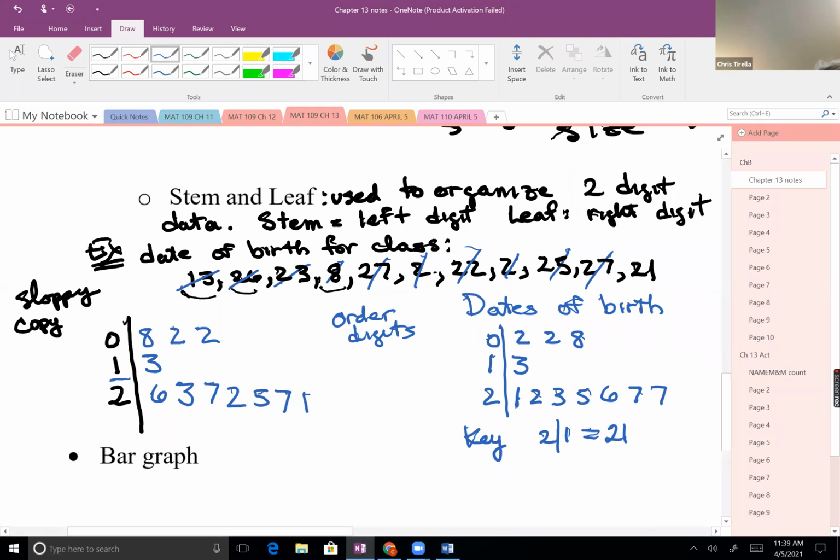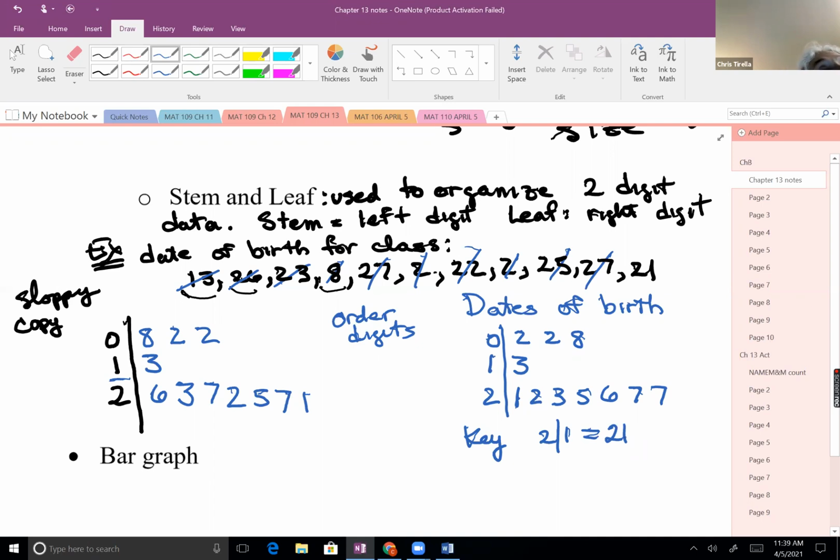And isn't that also a pretty quick way of organizing my data, putting them in order, and breaking them down into how many there are at each different place value?